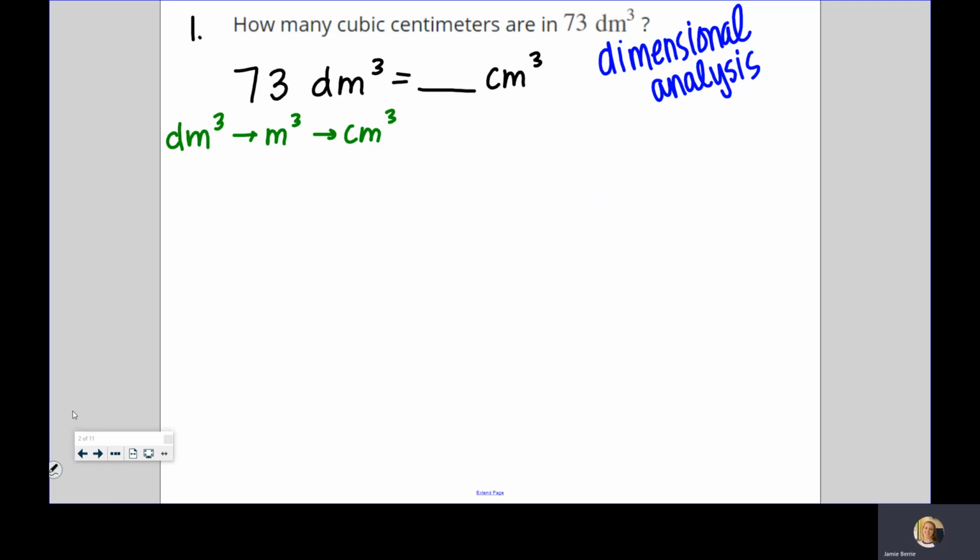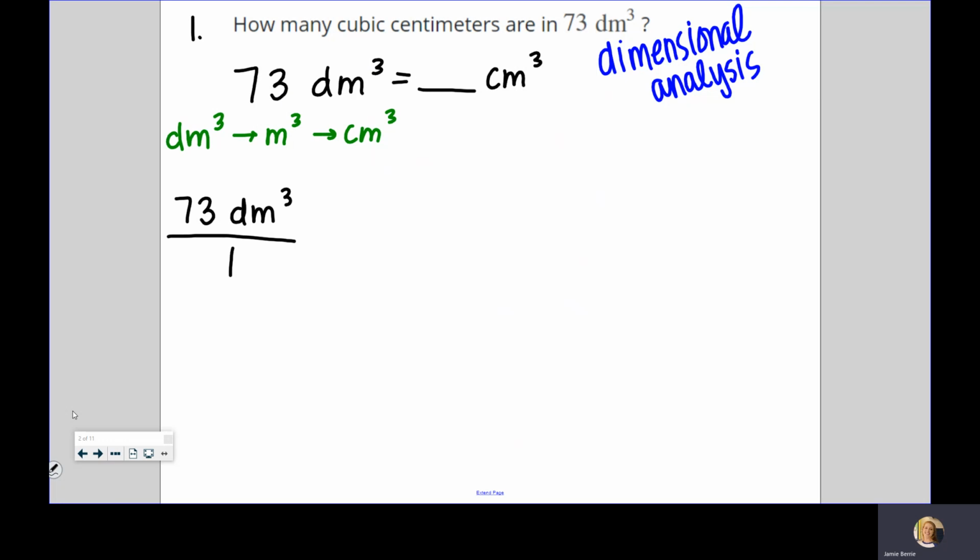All right, so with dimensional analysis, you always start with what you know. So right now we know 73 cubic decameters. You always put that over 1. And dimensional analysis, or the unit factor method, is all about canceling out units. So we're trying to cancel out decameters and get to meters.